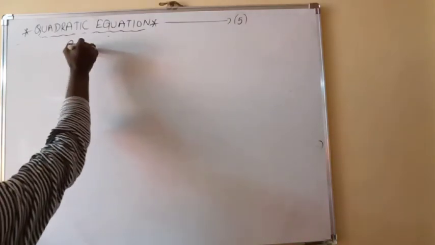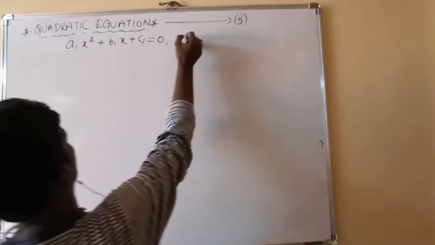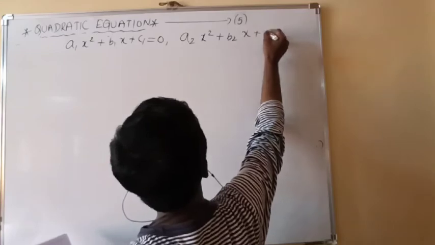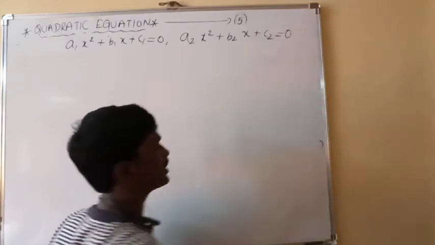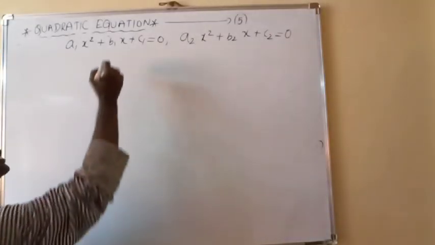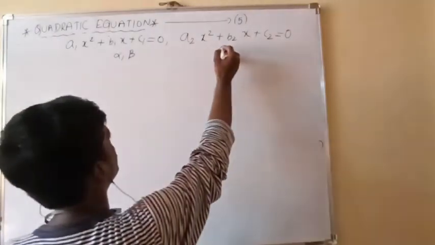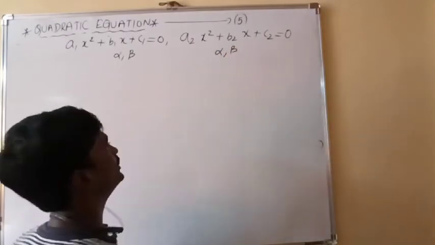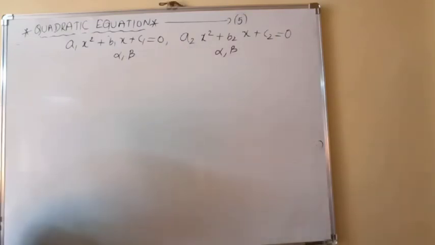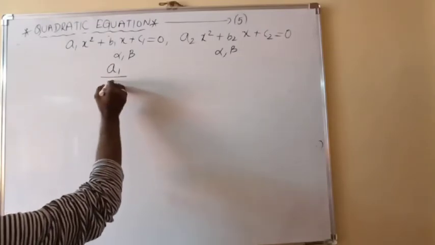The condition for a1x square plus b1x plus c1 equals 0 and a2x square plus b2x plus c2 equals 0 to have both roots common: if the roots of the first equation are alpha, beta, then the roots of the second equation are also alpha, beta. The condition is that the corresponding coefficients are proportional.